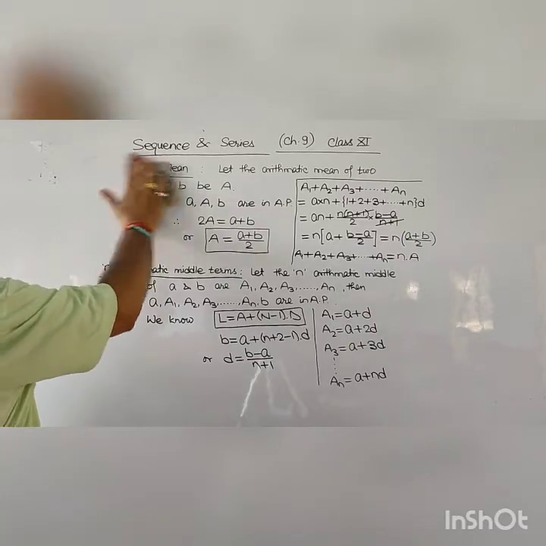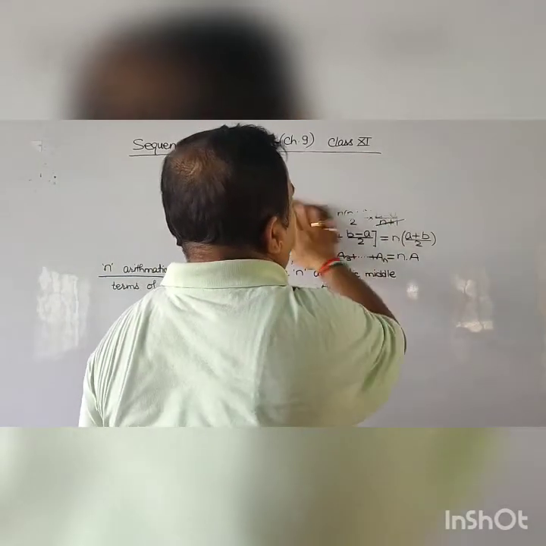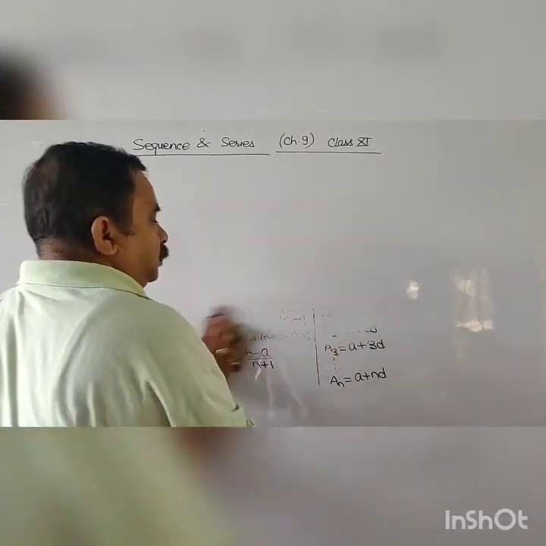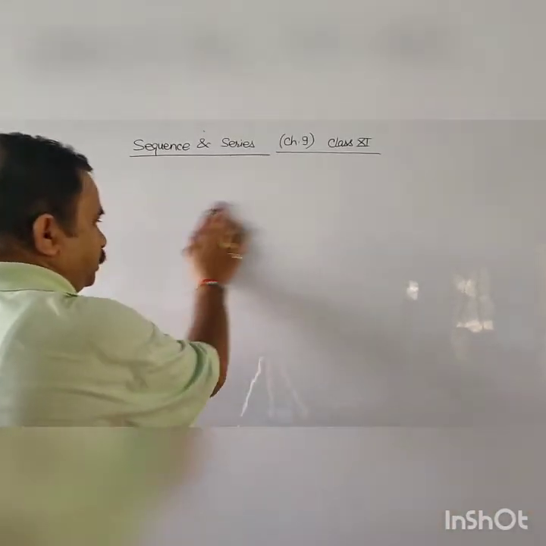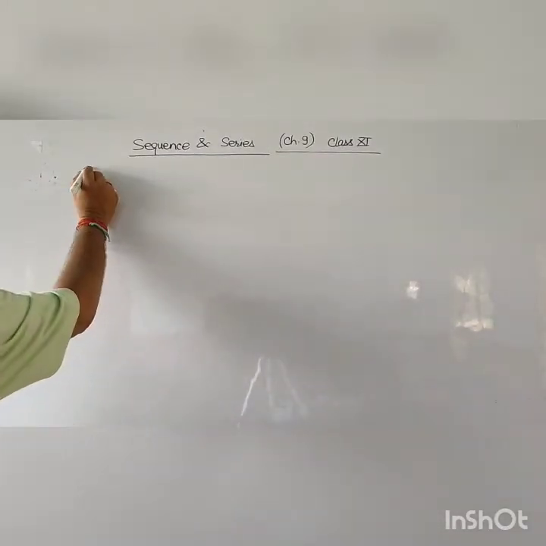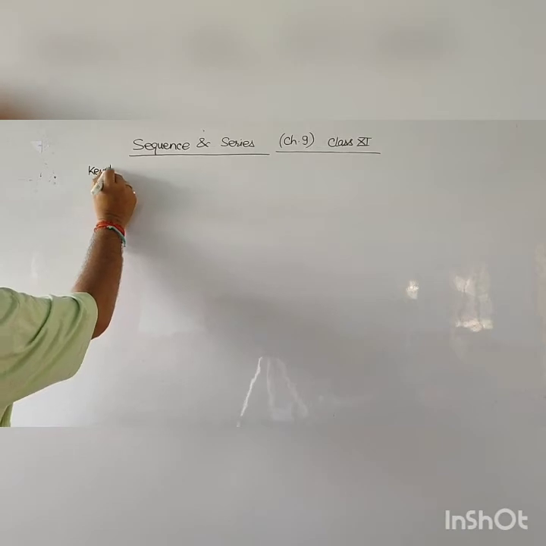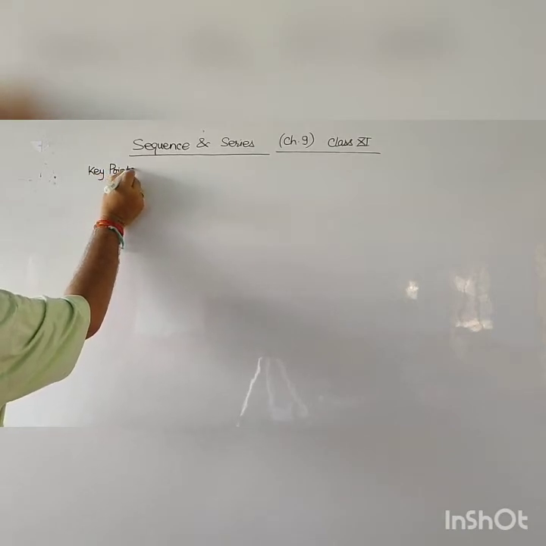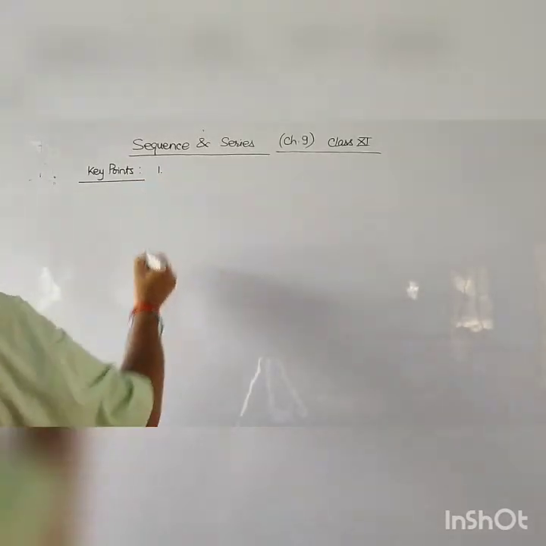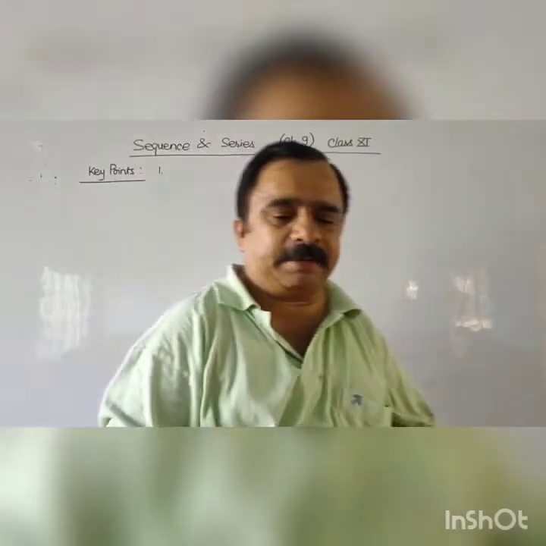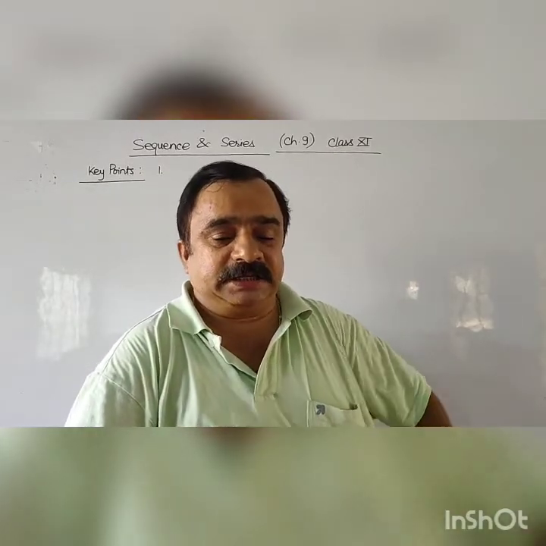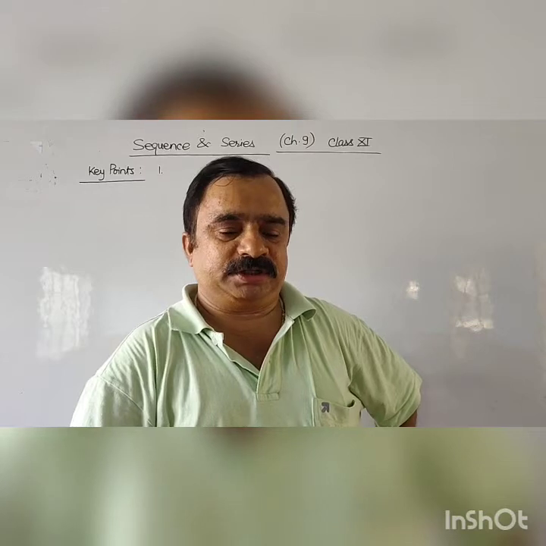Moving ahead, some important rules or key points. You have to note these key points by giving numbers 1, 2, 3, 4, and I am just telling these key points.